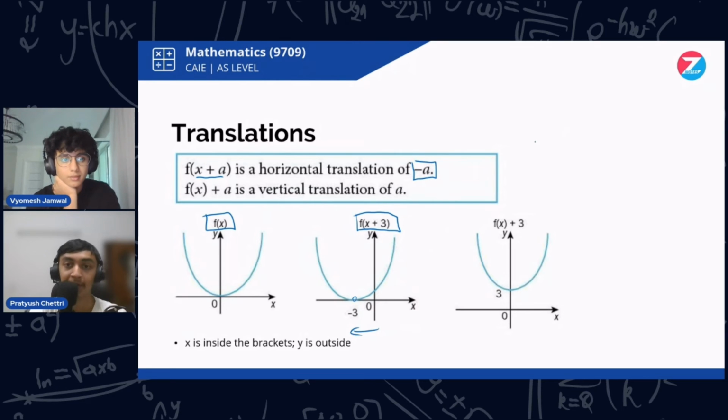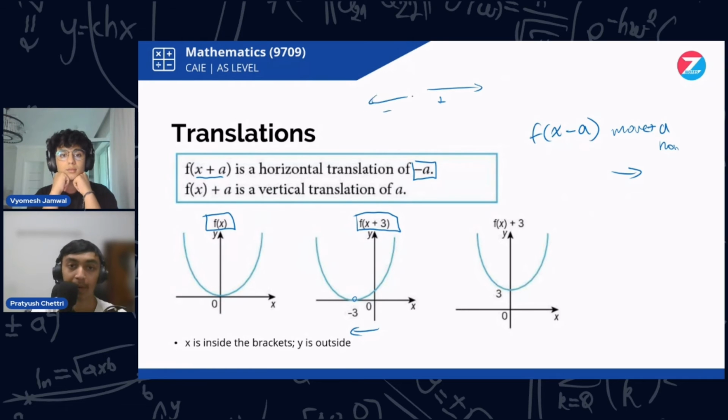And if you do f of x minus a, it moves a horizontally, plus a horizontally. So that's to the right. Remember your directions, guys. Plus, minus, plus, minus.